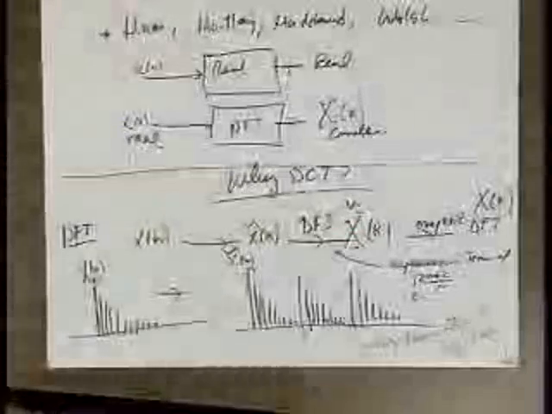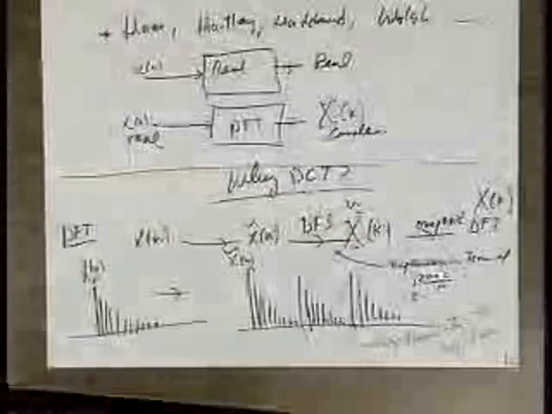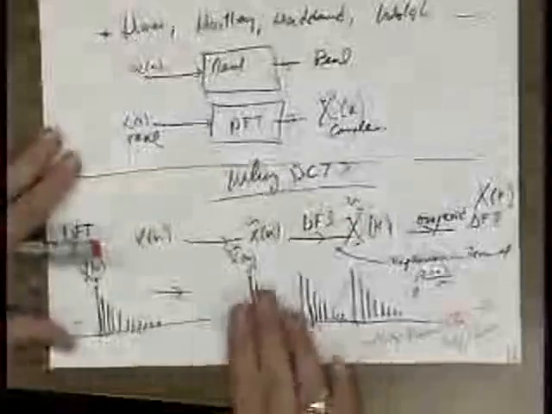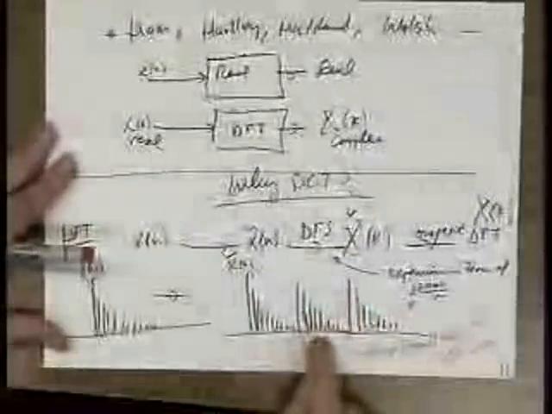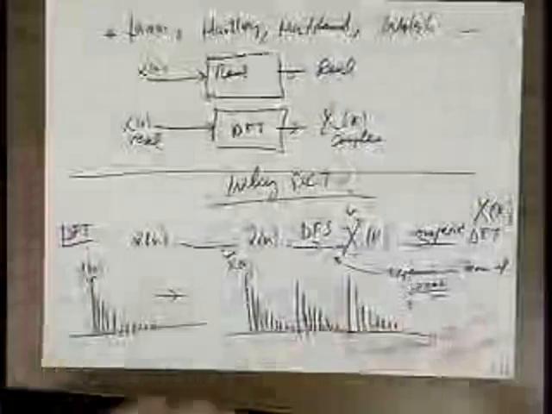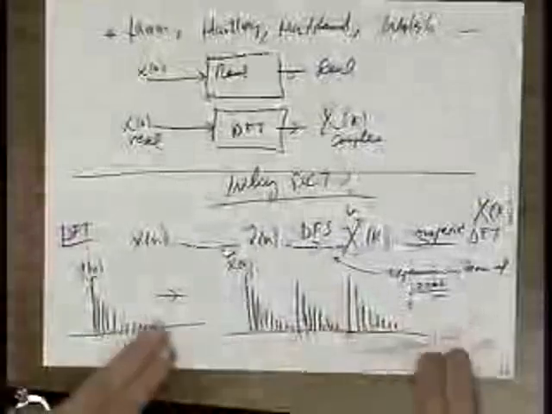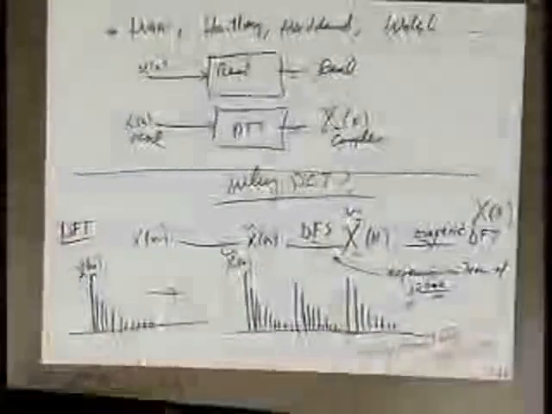And what DCT does is say, let's not do that. Let's replicate this in a slightly more clever way. Let's flip this over like that and then do harmonic analysis. That way, this point is next to itself, and everybody is equal to itself. So I'm not going to have this sharp discontinuity, and therefore I'm not going to have this jump.